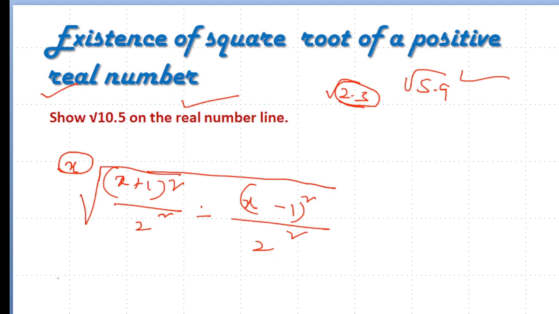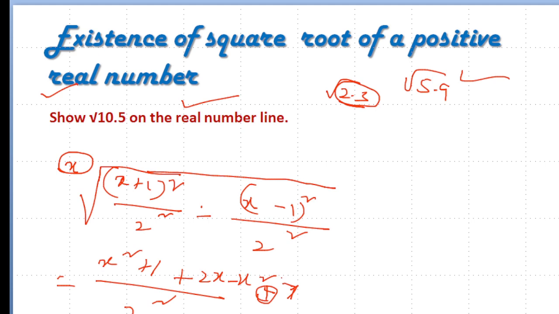So how will it come? It is x square plus 1 plus 2x, minus x square plus 1 minus 2x, so it becomes plus 2x.